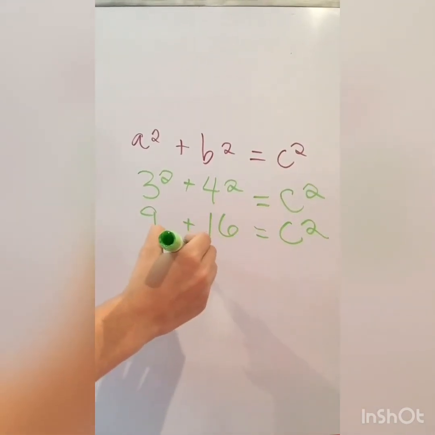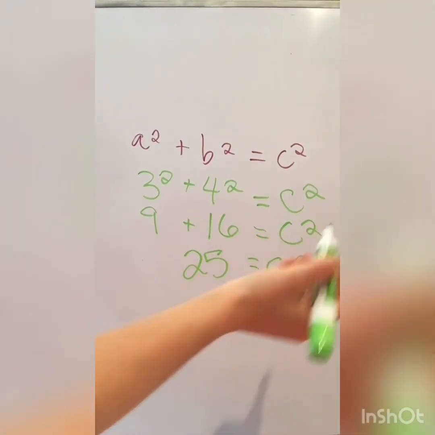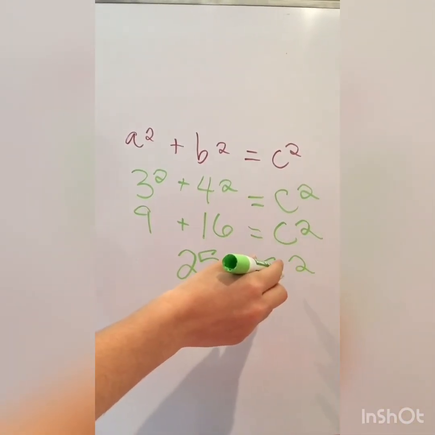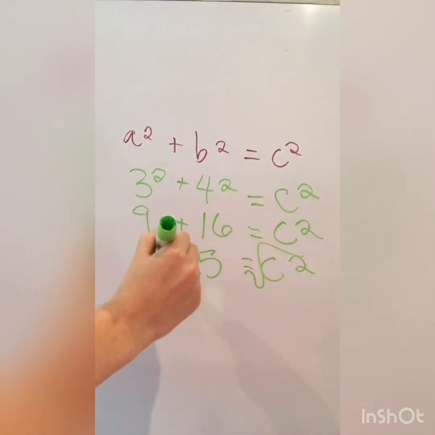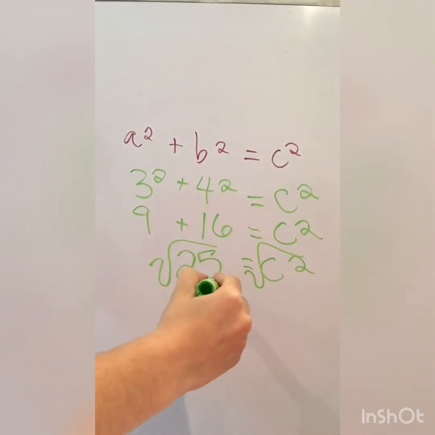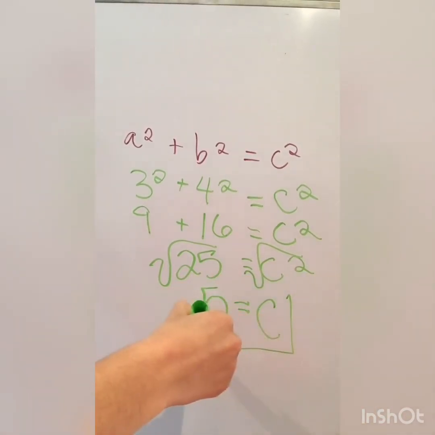Then 25 equals c squared. But we have to undo the squared, so we're going to square root both. So our final answer is 5 does indeed equal c.